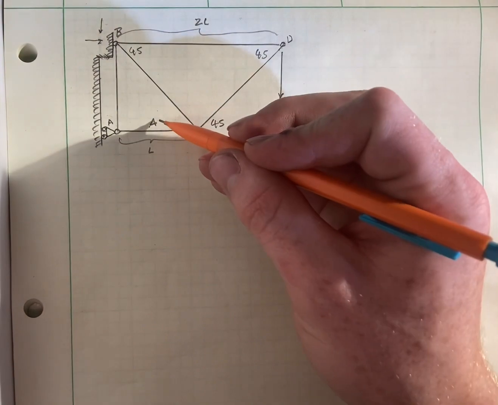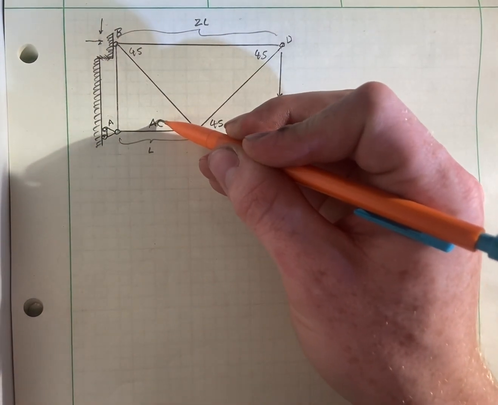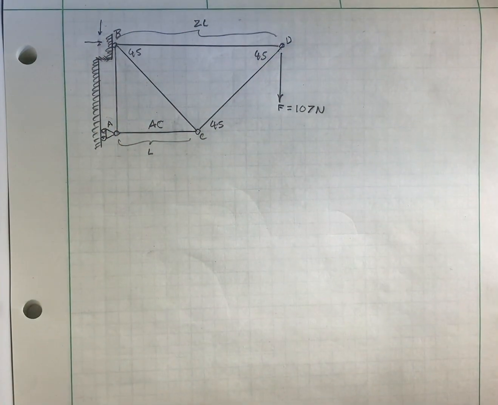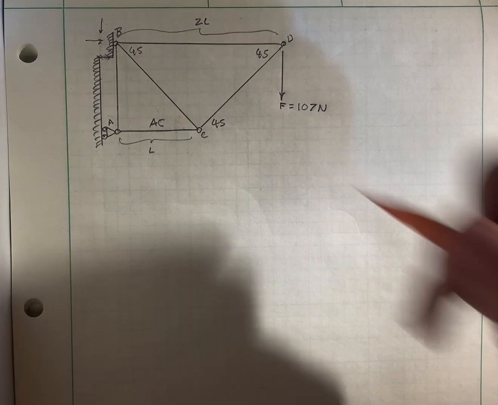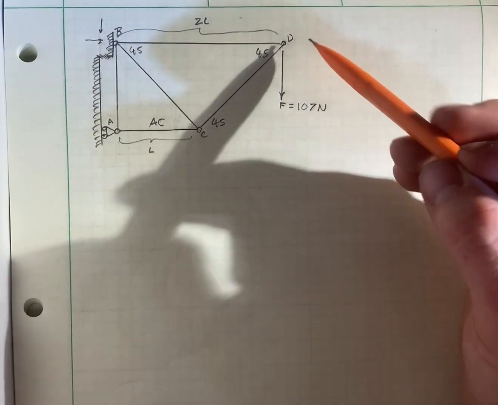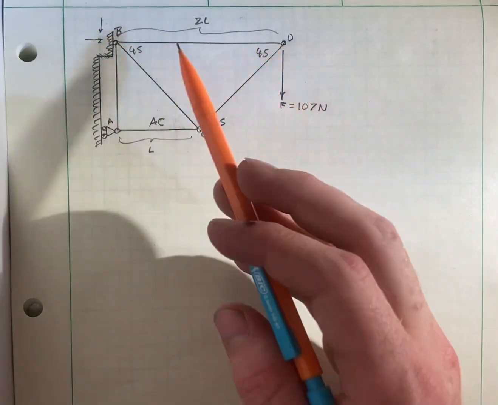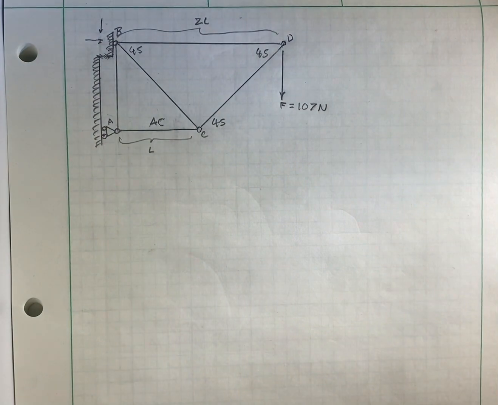Well, I'm going to call this AC, actually. That's typically how you'll see members labeled. You'll see them labeled like this would be BC, this would be CD, this would be BD. So that's how I like to do it, but it doesn't really matter. They're just variables or unknowns, I guess.